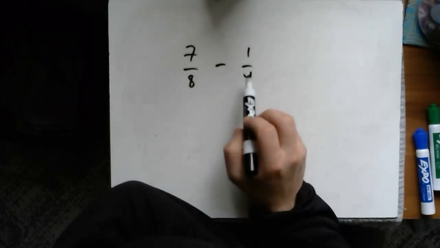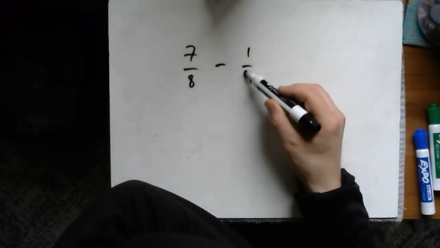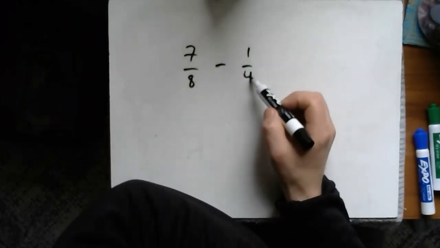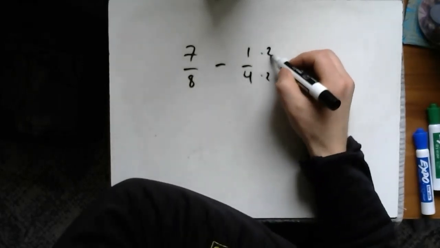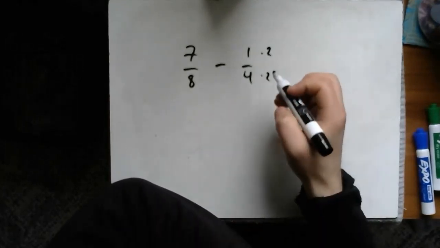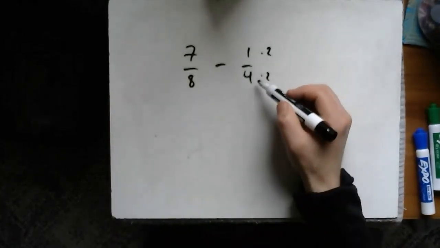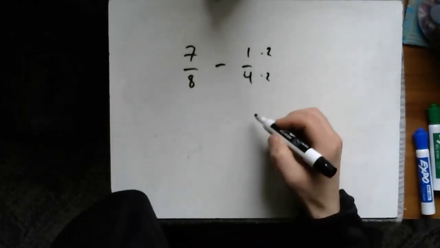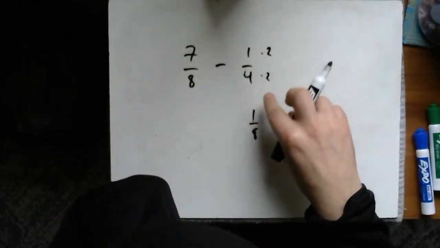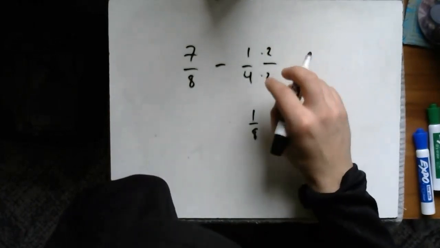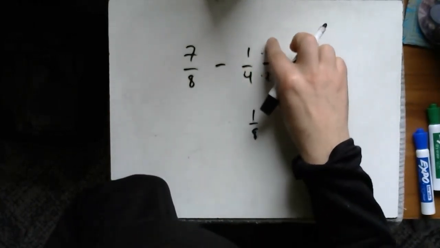So I can multiply just by looking at these numbers. I notice that if I multiply the 4 by 2, it's going to get to 8. Okay. If I do that, I also have to multiply the numerator by 2. And the reason is, I can't just multiply that denominator by 2. That would then give me 1/8. And 1/8 and 1/4 are clearly different amounts. But I can multiply the 1/4 by 1.